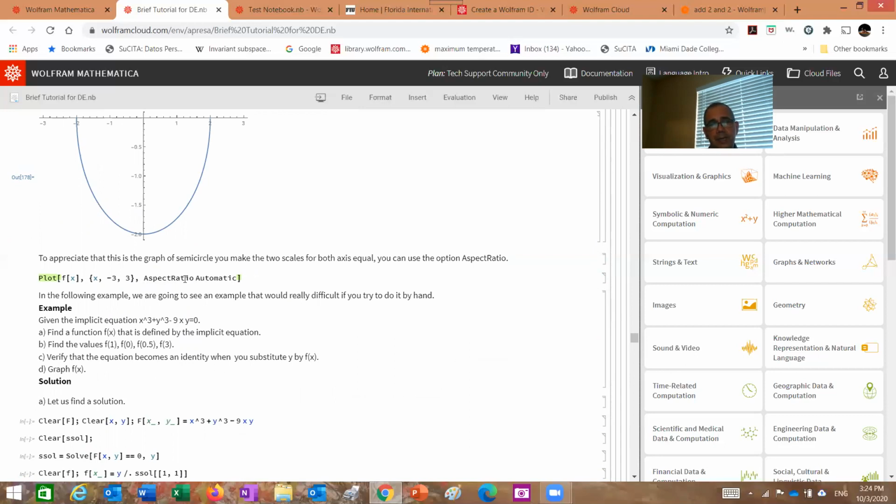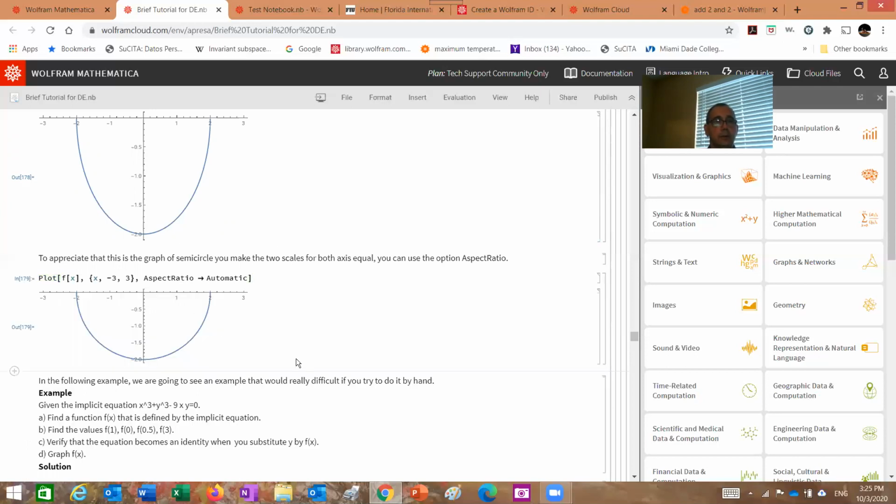You do it by entering the dash and then the greater than, and then it automatically turns this into a little arrow. And now when you press enter here, what do you get? You get the same graph, but now the scales are the same for both the x and the y-axis, and that's why the shape of the circle is more evident in this case.